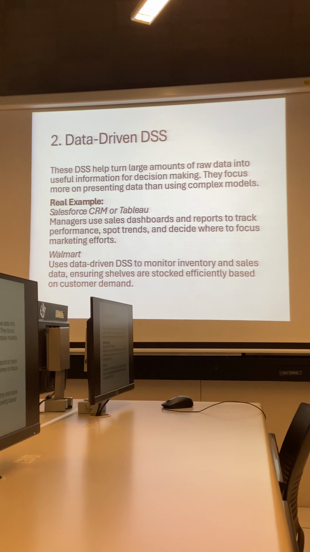Or Walmart, which is a supermarket, retail. Walmart uses data-driven DSS to monitor inventory and sales data to make sure shelves are stocked efficiently based on the customer demand. Okay?